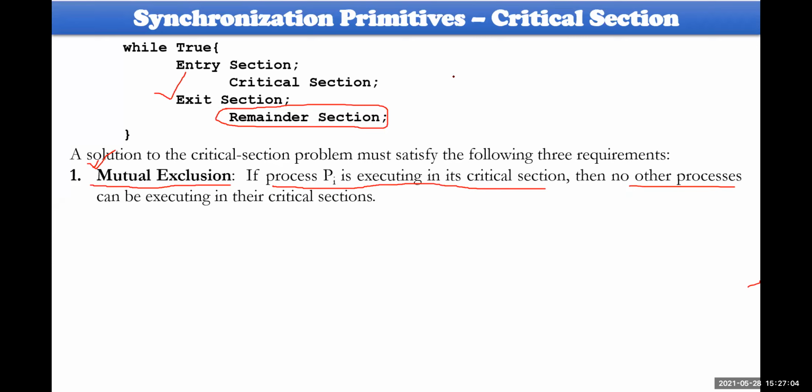If Pi has entered its critical section, that means this is the critical section. So process Pi has started its execution. No other process, Pj or Pk, can touch this particular critical section.